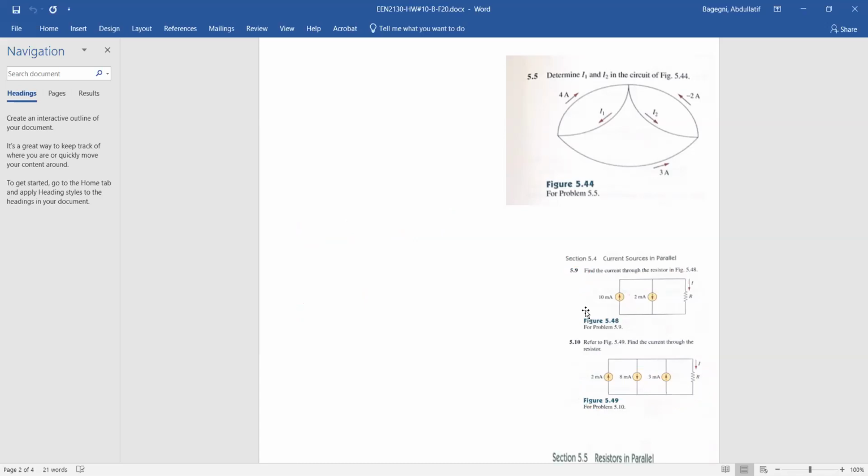Okay, this is a 3, 2. 2 plus 3 equals 8 plus I. 2 is entering, 8 is leaving, 3 is entering, I is leaving.